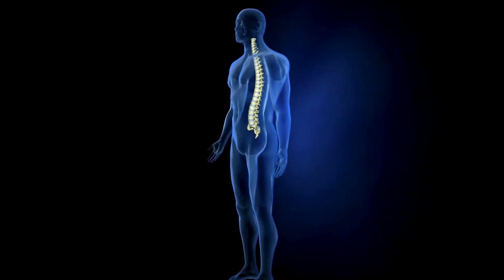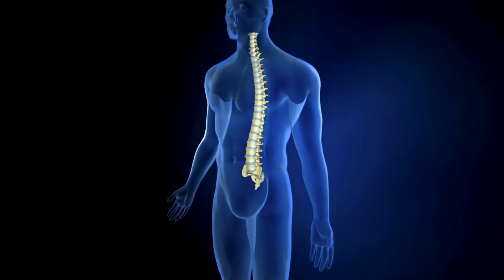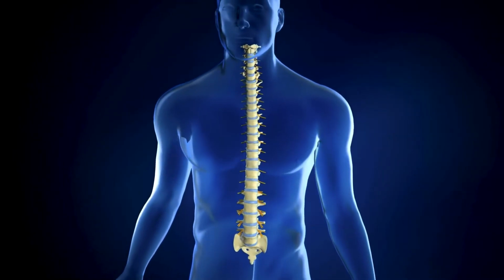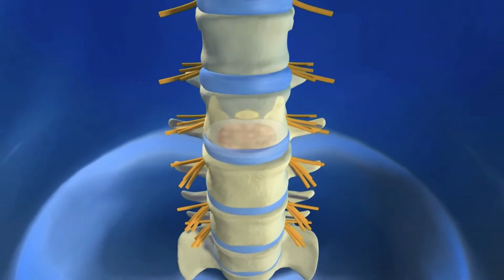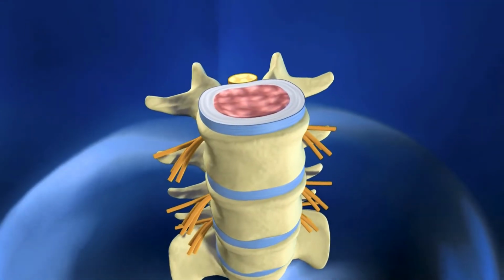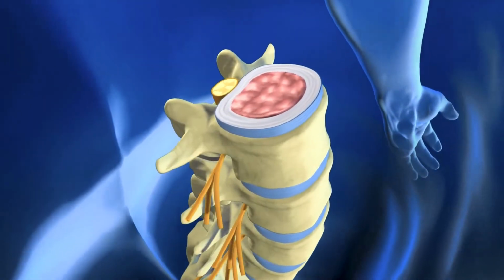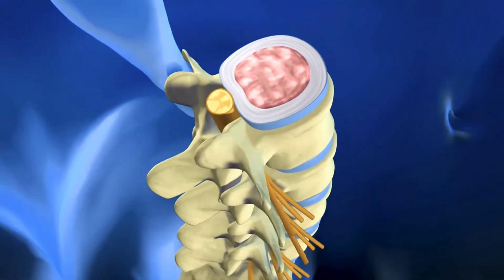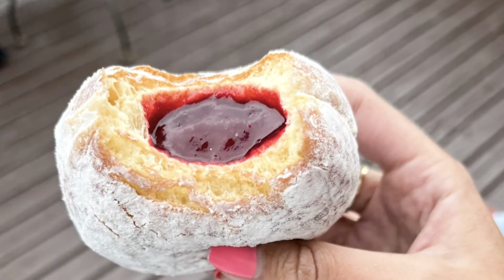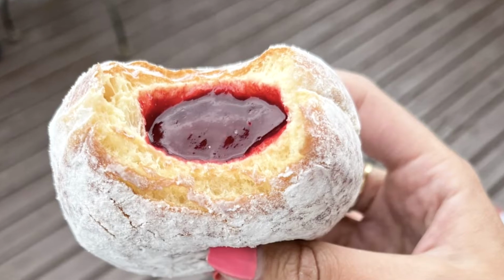So I want to go back to a little anatomy of the spine, because the spine is made up of bones. Those are called the vertebrae. And in between the bones are these discs. They're the intervertebral discs or spinal discs. I'll just say discs because it's easier than saying the whole long thing. Envision a jelly-filled donut, only these are a lot tougher, a lot stronger.